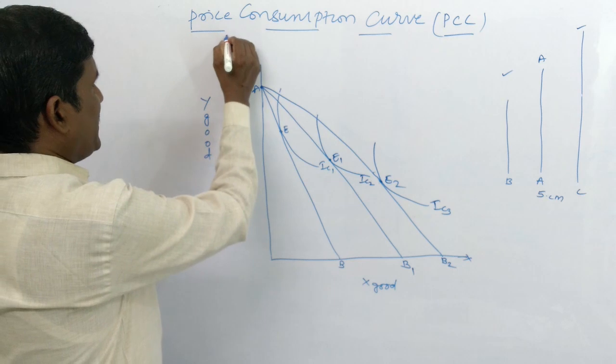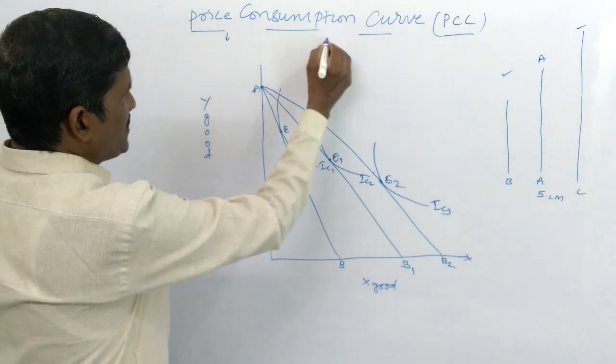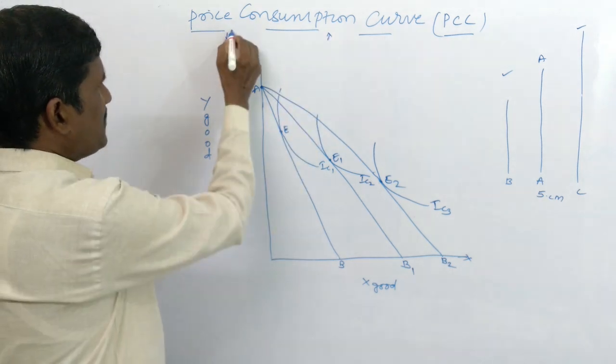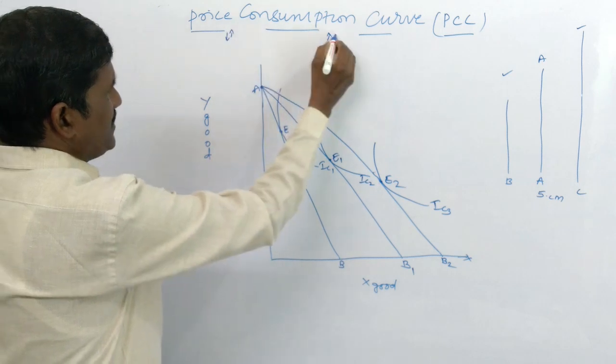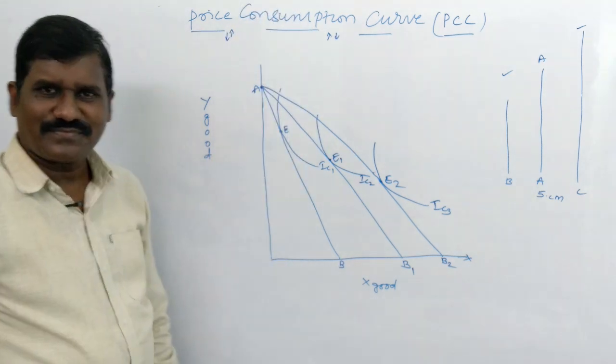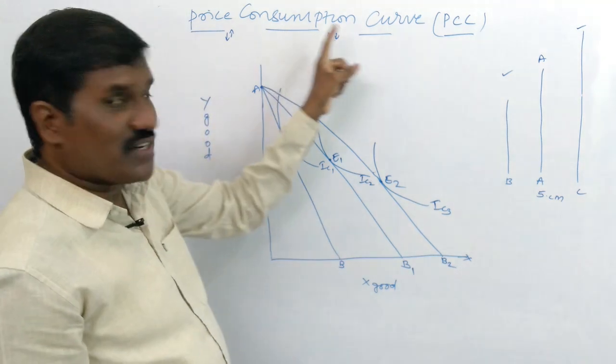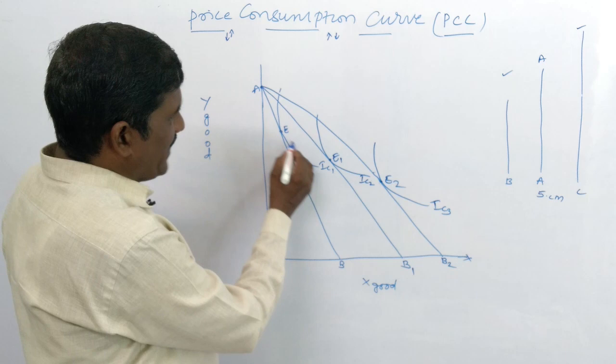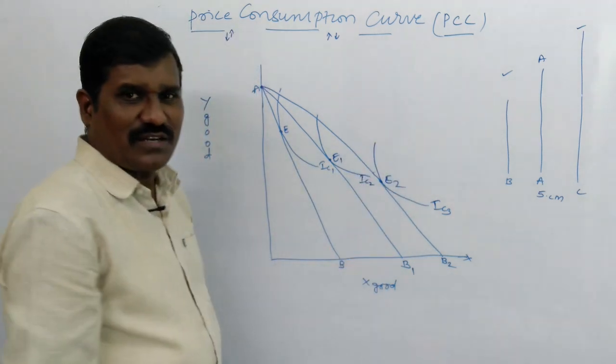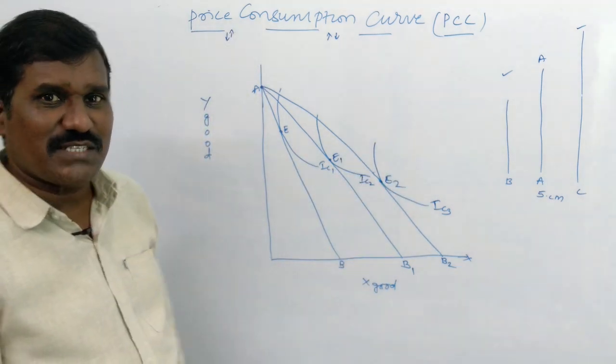Price decreases, the consumption increases. If the price increases, the consumption decreases. So this is a price consumption curve. When we join all the points, we get the PCC curve, the price consumption curve.